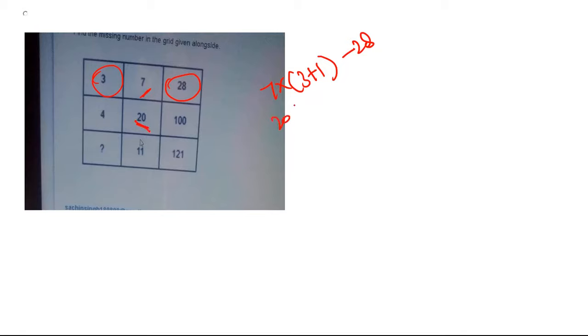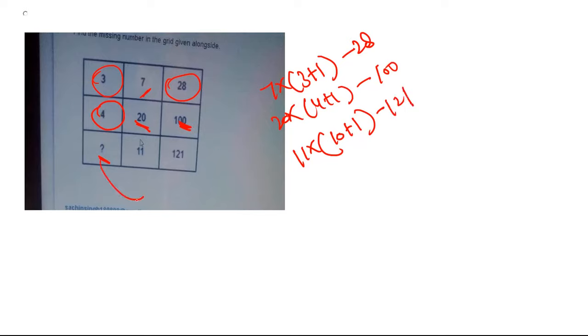Here also 20 into 4 plus 1, we'll be getting 100. That is this one. Similarly here what do we have to take so that we can get 121? So 11 into, if we take 10 here, so 10 plus 1, that will give us 121. So at the place of question mark, what will be the number? That will be 10. So 10 will be the correct answer for this particular question.